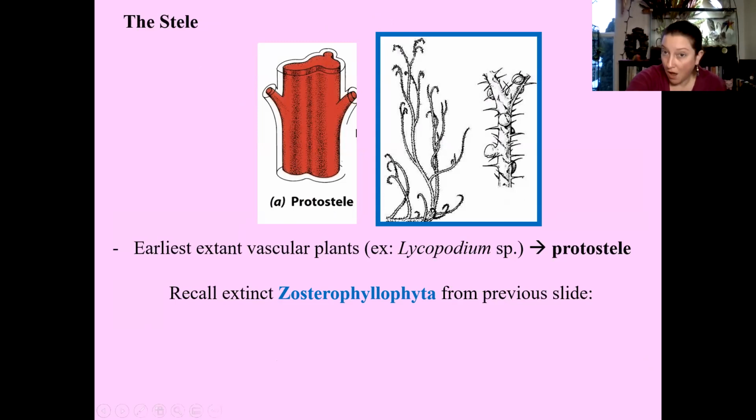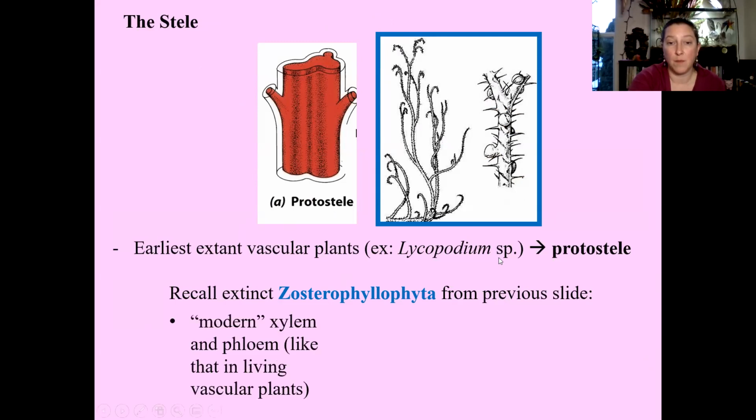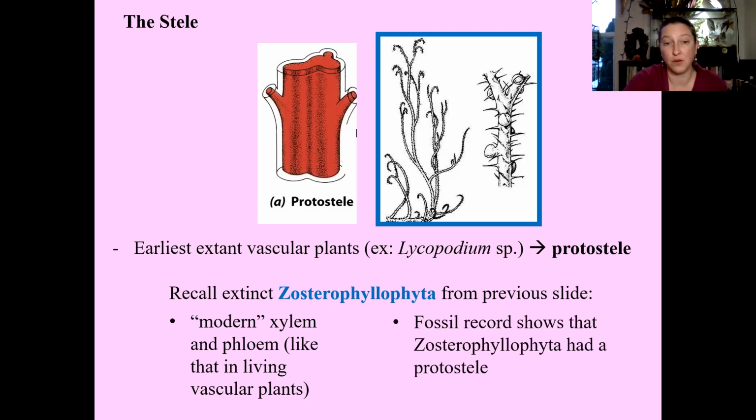And just so you know, remember this guy from before, this Zosterophyllophyta, the Sawdonia, that it has these lateral sporangia and then these little spiky things, the enations. So just so you know, when we said before that this fossil plant had more modern xylem and phloem arrangement that looks like it does in modern plants, well, there you go.